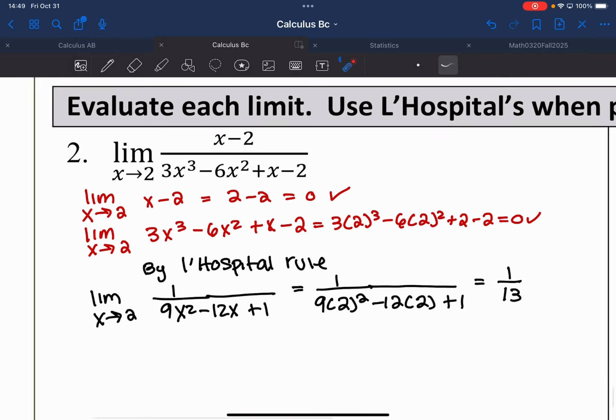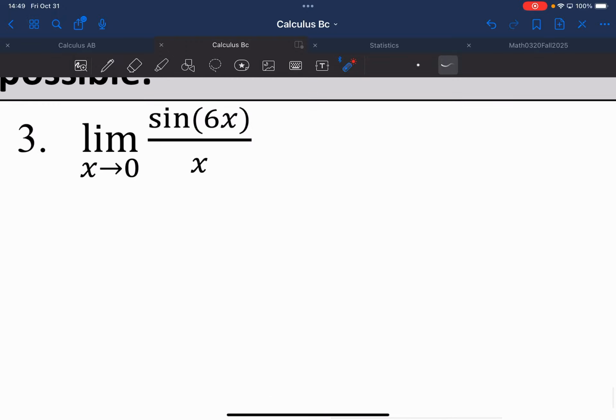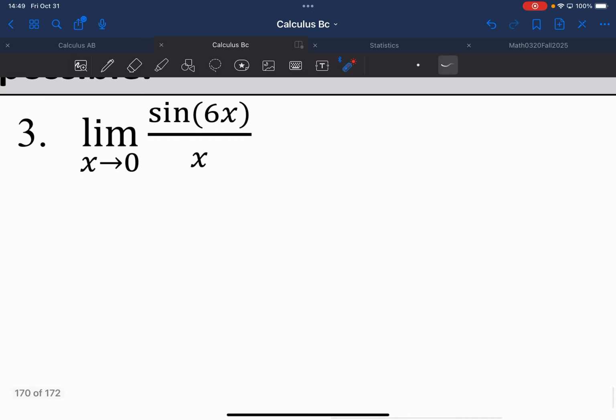Okay, so let's look at the next one. Now we have the limit as x approaches 0 of sine of 6x over x. So what's our first step? See if they equal 0.